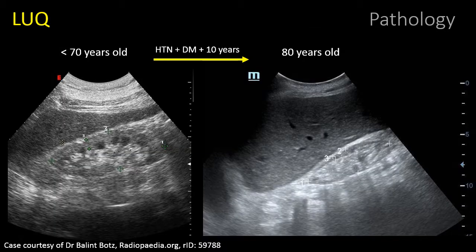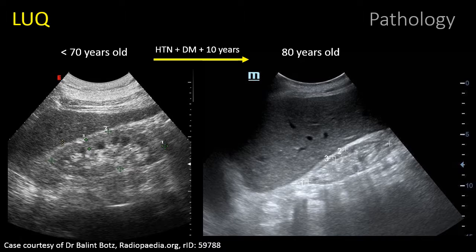And again, another case where you can look at the relative size and textures of organs. So on the left we have the image of a lady's kidney. She was something less than 70, close to 70, but something less than 70. This is her kidney. She had hypertension and diabetes, and 10 years later, this is her kidney on the right. You can see it's almost shriveled up.